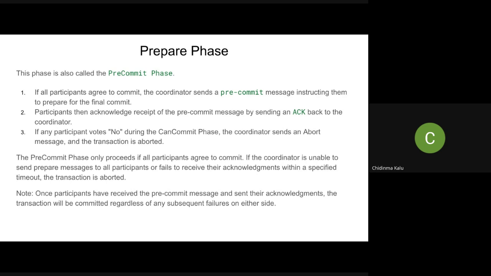However, if any participant votes no during this phase, the coordinator has to send an abort message and the transaction is aborted. This phase only proceeds if all the participants agree to commit. And once the participants have received the pre-commit message and sent the acknowledgement, if any failure happens on either side, the transaction will be committed regardless.